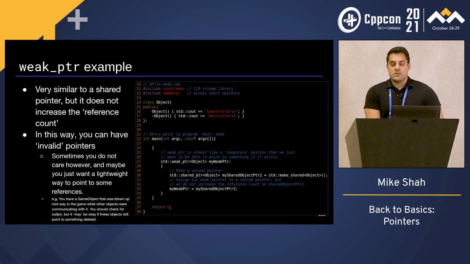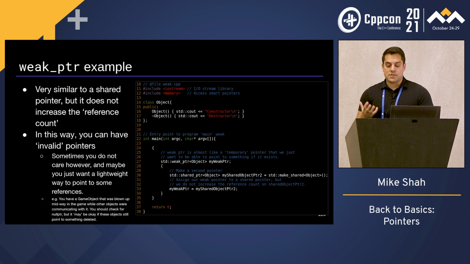And the final type of smart pointer is one called a weak pointer. So it's very similar to a shared pointer, but it doesn't increase the reference count. So in this way, this allows you to have some invalid pointers. And you might want some sort of lightweight way to create a pointer that points to something that you don't really care if it exists or not.